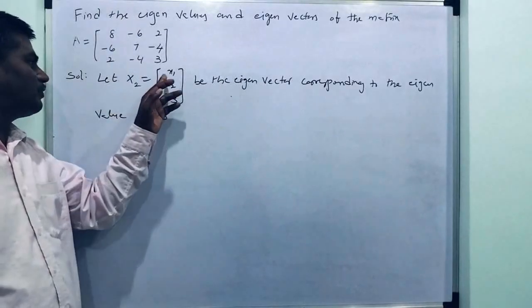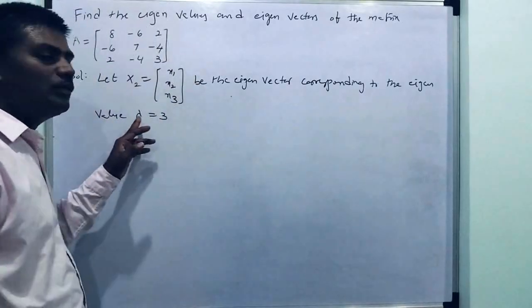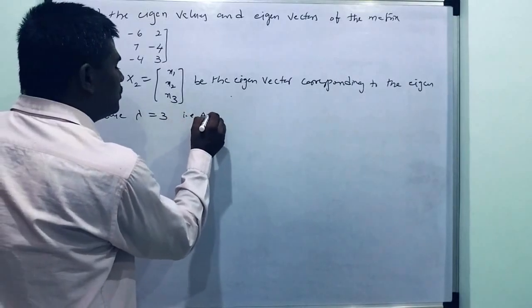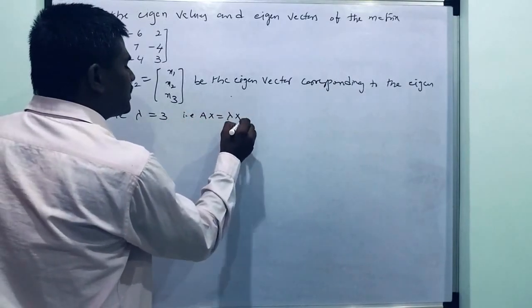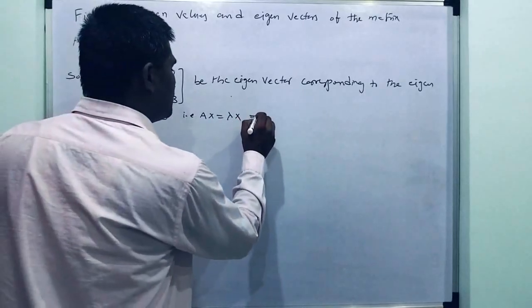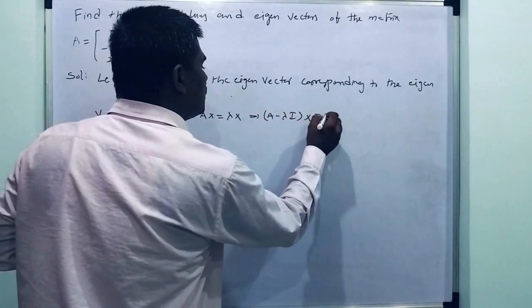Let X2 = (x1, x2, x3) be the eigenvector corresponding to the eigenvalue λ = 3. That is AX = λX. That means (A − λI)X = 0.